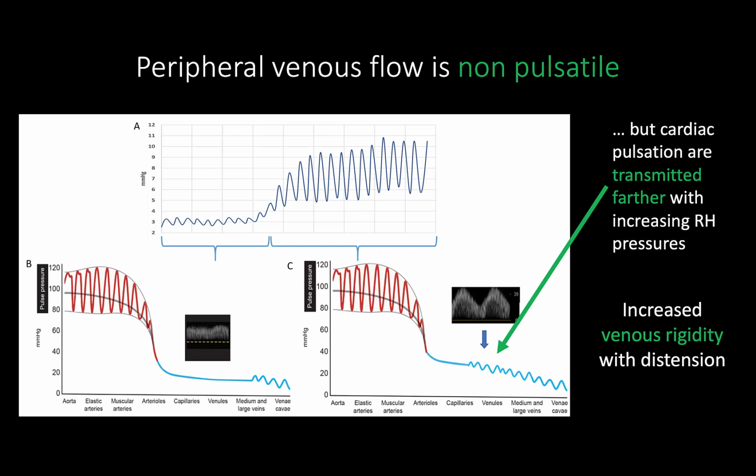In the normal patient, the signal is usually monophasic with only slight, if present at all, S and D waves. Conversely, as the distended venous system becomes stiff, transmission of the right atrial pressure variations during the cardiac cycle increases. This represents the basis of abnormal Doppler findings in the portal, intrarenal, and femoral veins.